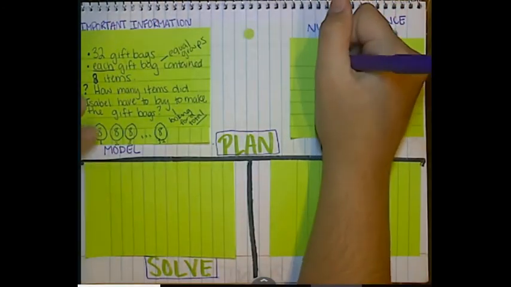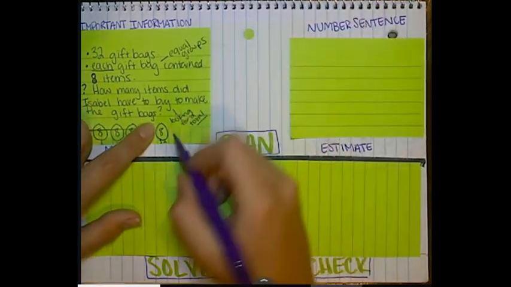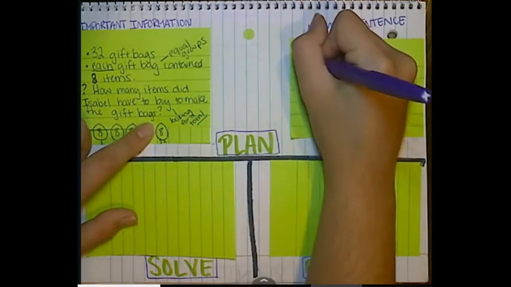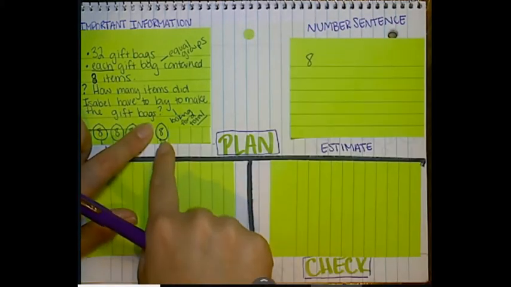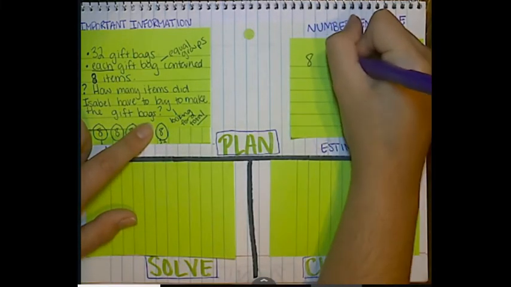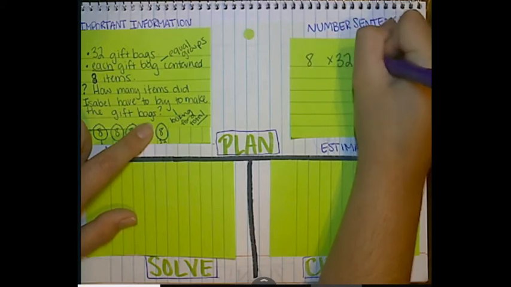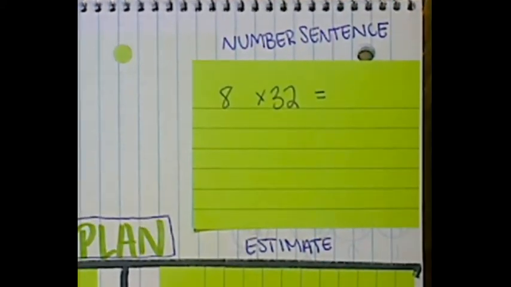We're going to write our number sentence, and I like to start with the number inside, which is 8. Number outside is 32. And I don't know what that is off the top of my head.